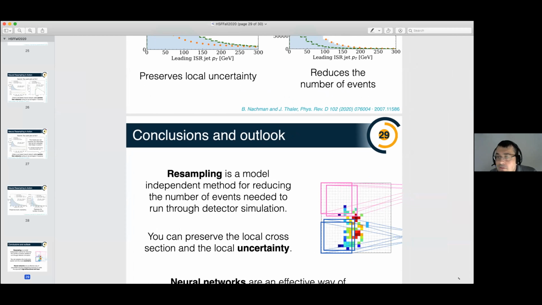Yeah. And the question is on neural resampling. Somewhere hidden, you must have some granularity, right?